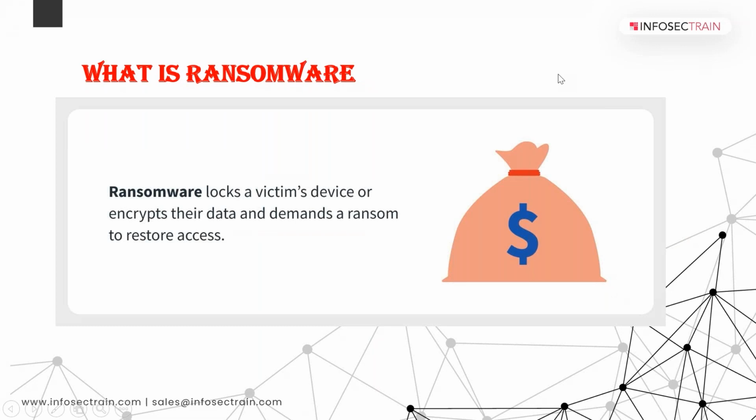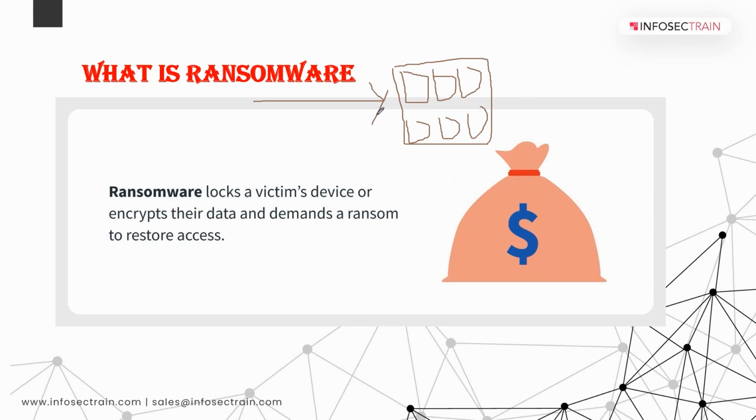And what is ransomware, guys? Ransomware locks the victim's device. Let's say you have a system with critical, confidential information in different folders. If ransomware infects your system, it will lock and encrypt all your files.